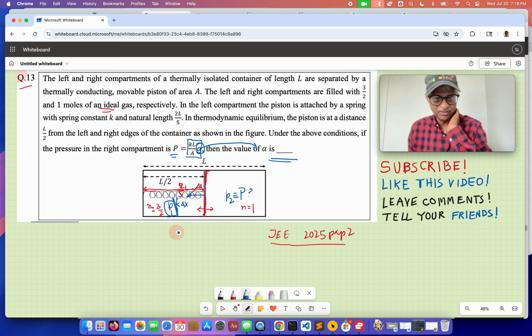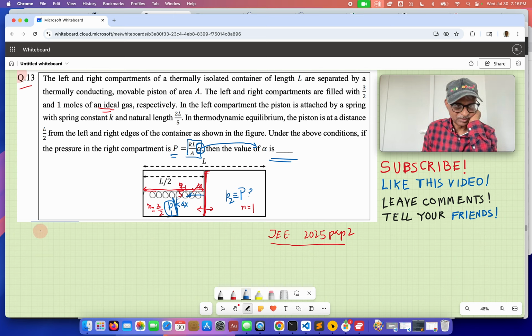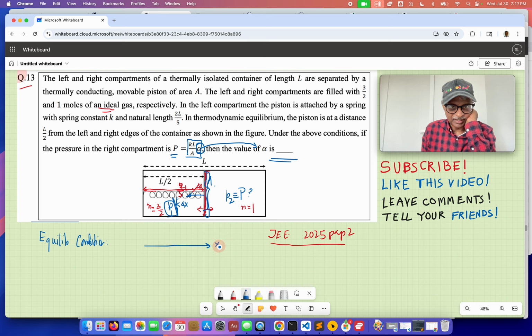So the equilibrium condition is what you have to set up. Let the area of this piston be A. This is the x-axis. K times L/2 minus 2/5 L is the extension, pointing that way, positive.